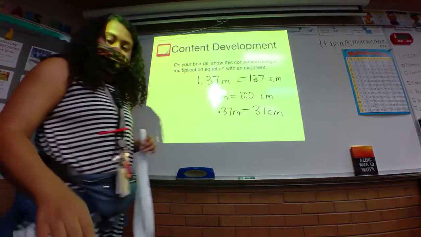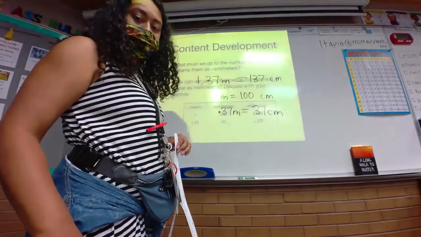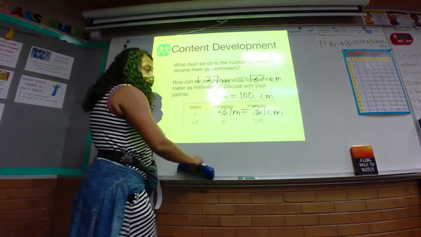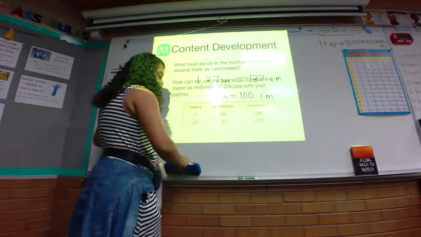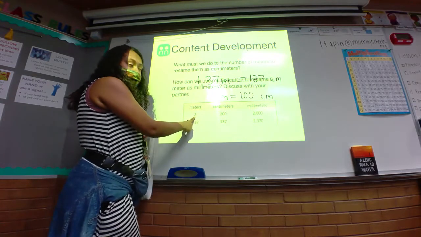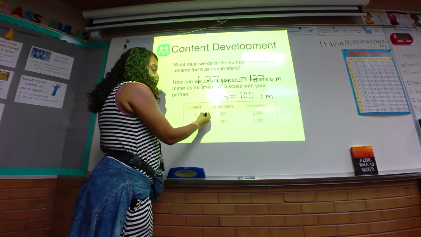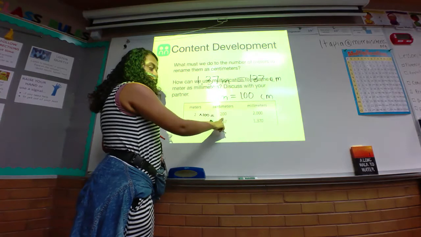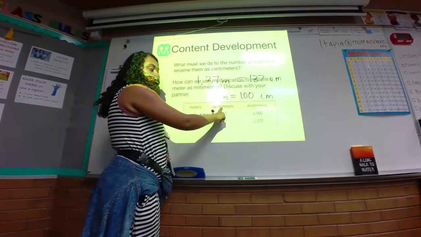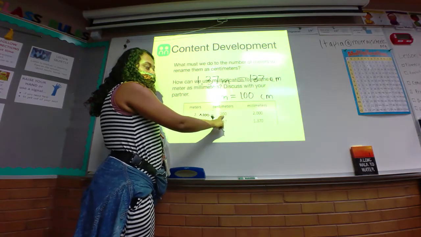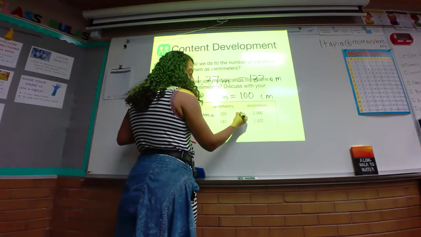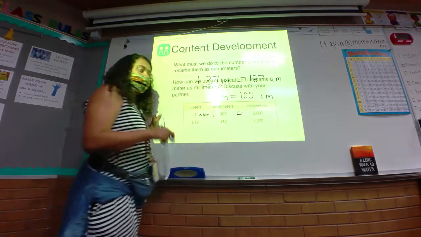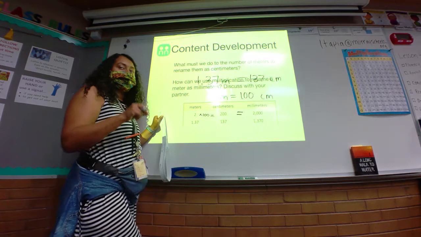Okay, so now let's look at that on the chart. So now, oh, I need to move this. So we did 2 meters times 100 to make it to centimeters. That gave us 200 centimeters. And then the 200 centimeters is equal to 2,000 millimeters, sorry.